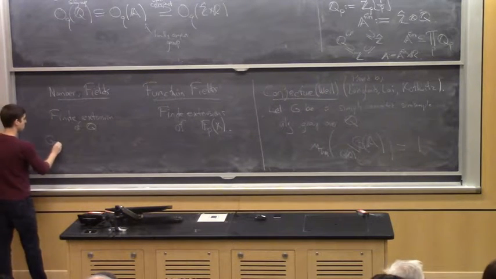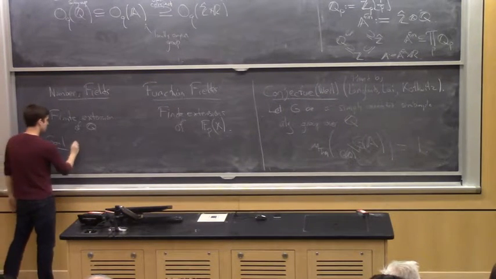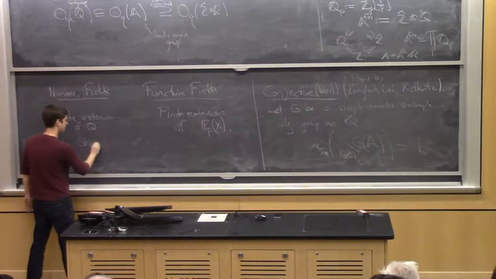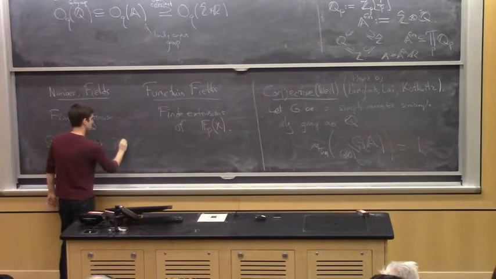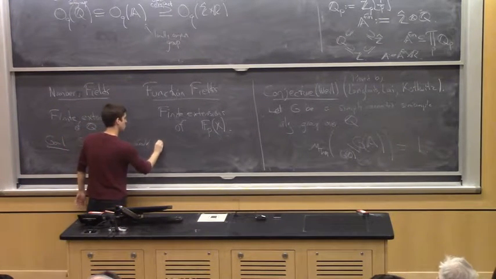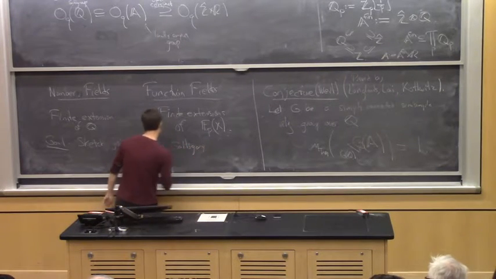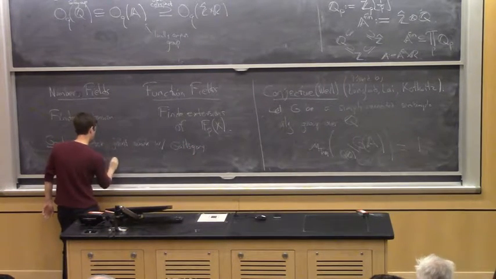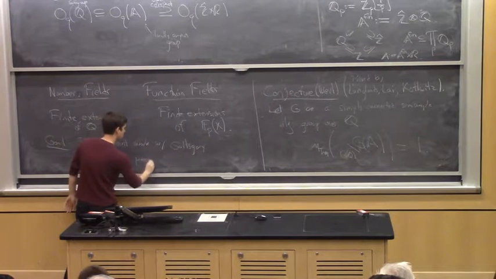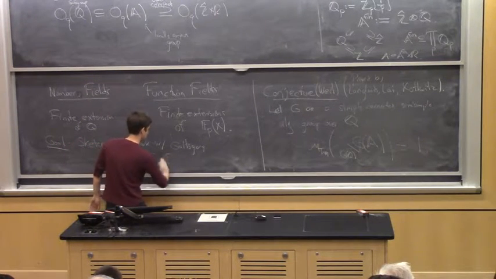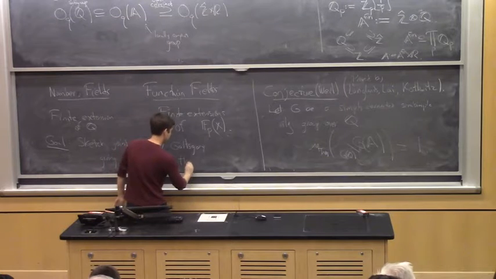And so my goal over the next few lectures is to sketch some joint work with Dennis Gaitsgory, giving a proof of the analog of Weil's conjecture in the function field case.